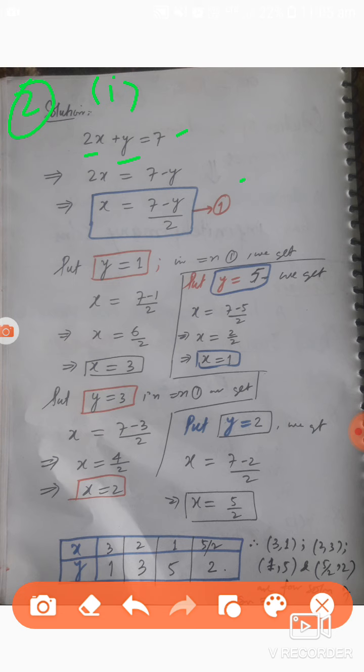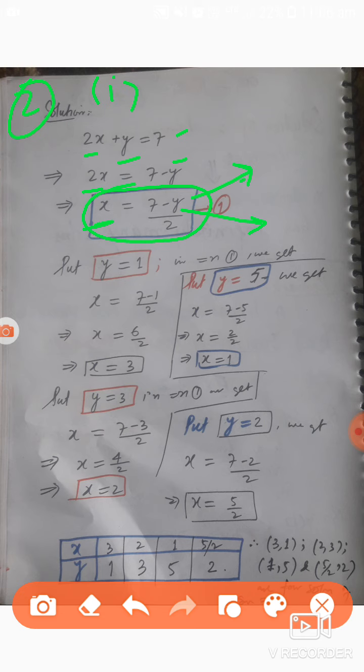We transpose y to the right side and get x equal to 7 minus y, divided by 2 on dividing both sides by 2. So we have found the value of one variable in terms of the other. This is the important thing you have to note. Here x becomes the dependent variable and y becomes the independent variable.